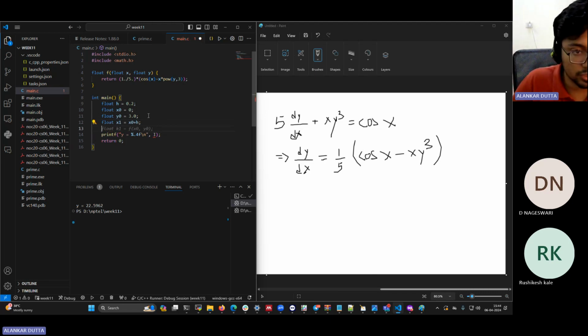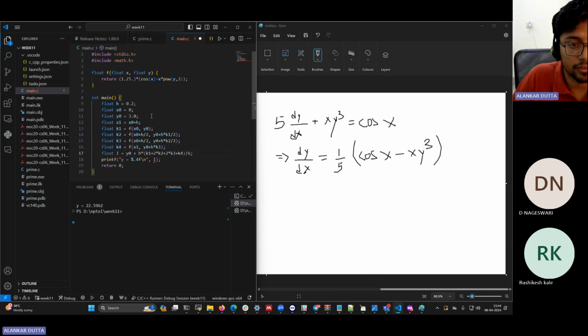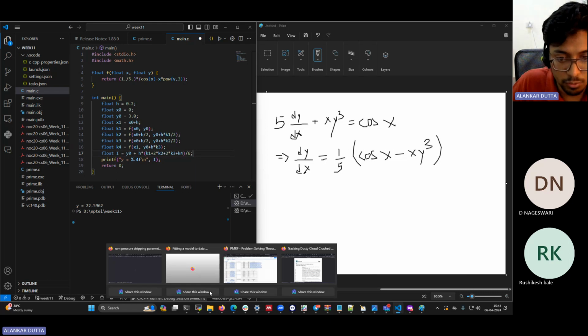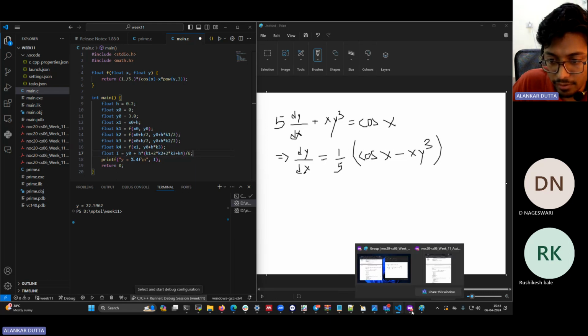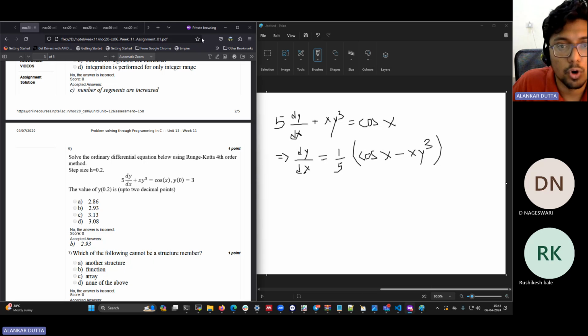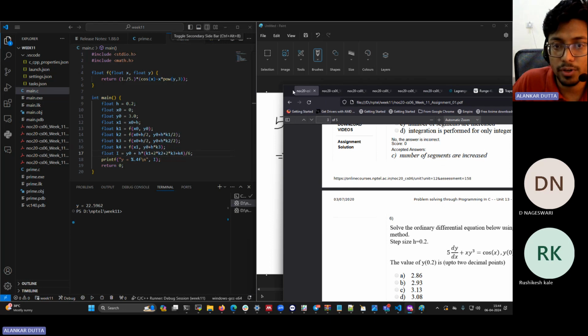And for solving it, we have to define k1, which is f of x0, y0, and then k2, and k3 is this, and then k4 is this, right? And then the result is basically your y0 plus this. So this is the standard Runge-Kutta fourth order solution. I can just briefly open this up for you so that it's easy for you to cross verify what I have done.